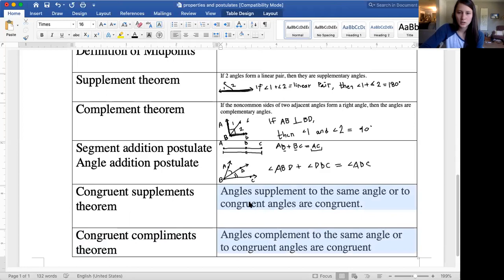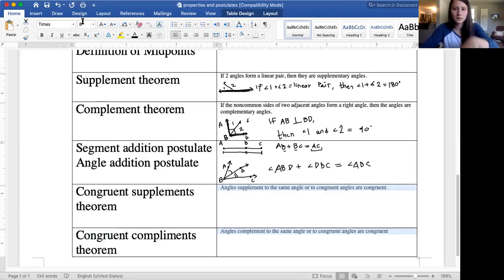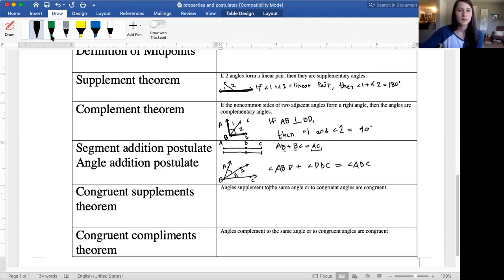So let's draw a picture of what this is saying. If I've got a line and I've got angle 1 and angle 2. Angle 1 and angle 2 are supplementary, okay? They add up to be 180 degrees. And then I've got angle 1 and angle 3. They are supplementary. They add up to be 180 degrees.